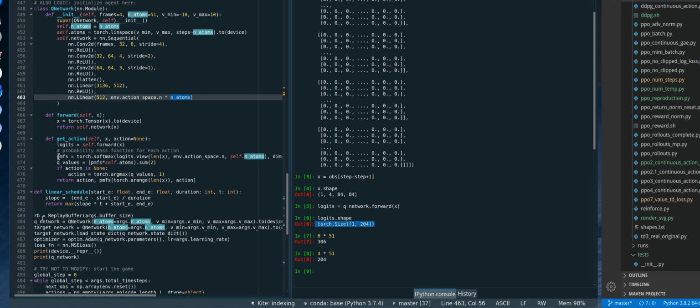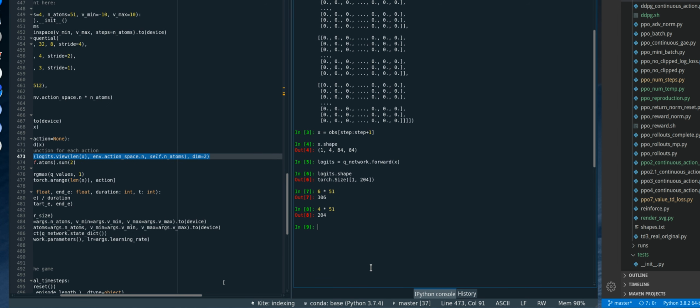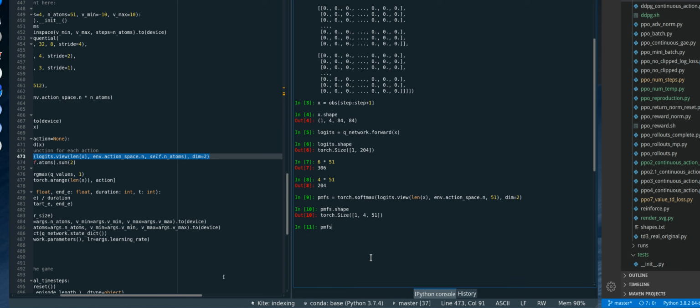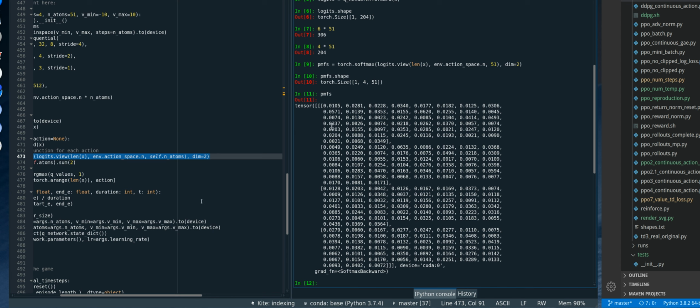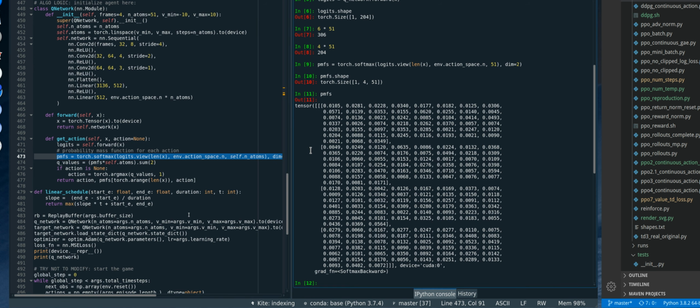And then you create a probability mass function, and it's essentially this. Let's replace this with 51. And the PMF shape is this. If you print it out, it becomes this. And that's essentially the probability of this action resulting in a particular return or atoms.